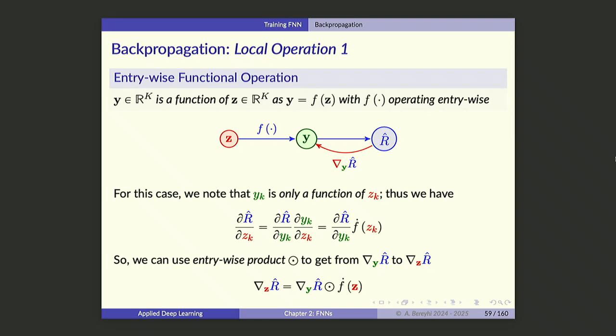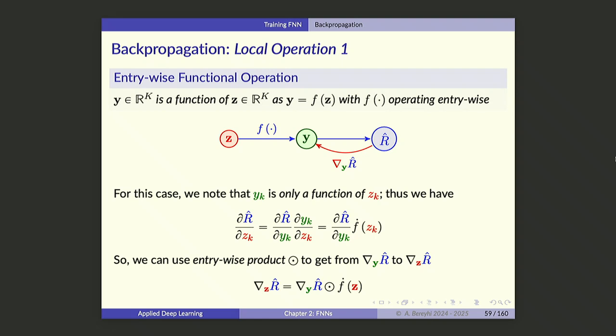I can say this is the partial derivative of r hat with respect to y times the partial derivative of y with respect to z, right? Should I do it by summation or not? Let me just write it down on the board for you. I hope that I have a board left. No, I don't have.